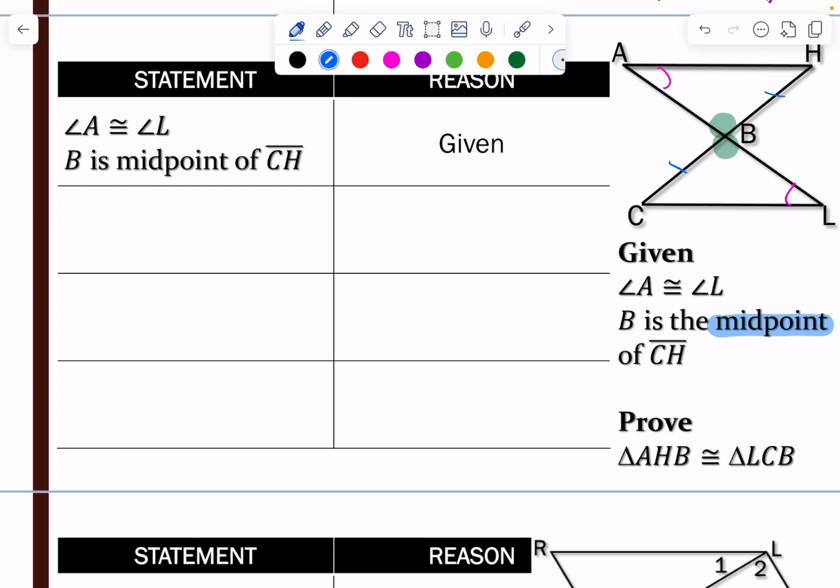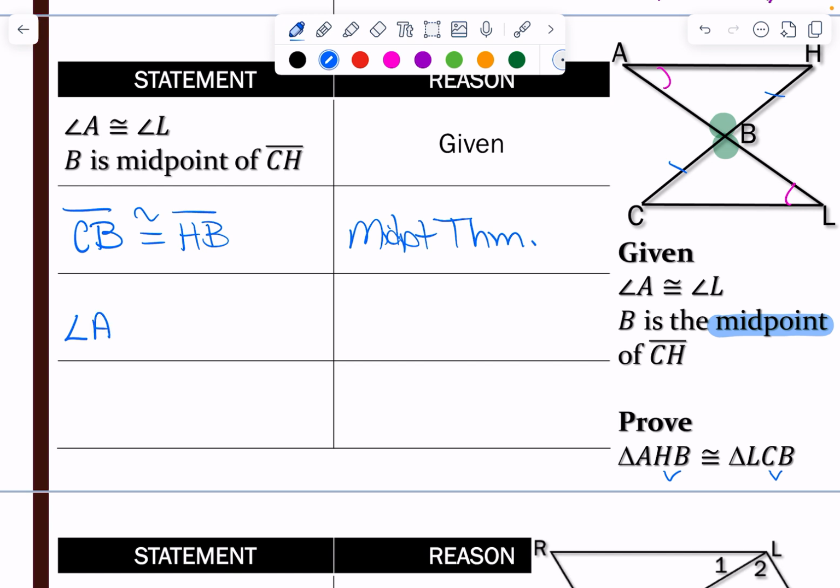I'm going to start with my sides. Side CB is congruent to, and remember I'm looking at the order, so CB, I'm going to stay in that same order, HB. And that is because of the midpoint theorem, that those would be congruent. Then I'm going to come back here and say my angles.